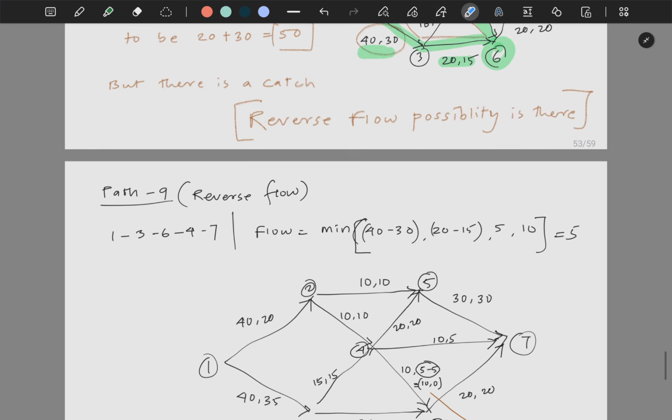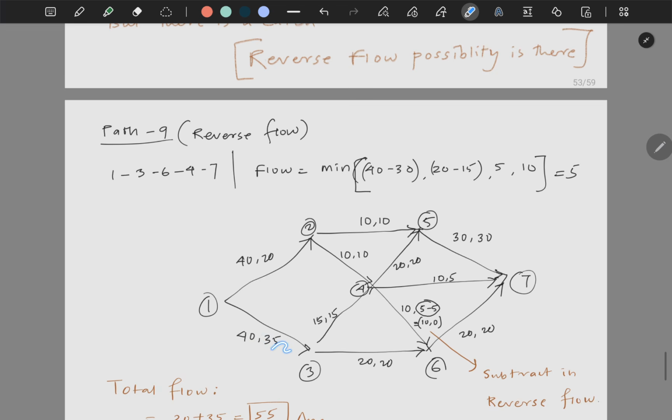And once I do that, now I'll rewrite it as 40 comma 35, and this was 20 comma 15, so it will be 20 comma 20 now, and this will be 10 comma, so 5 was in this direction, now we are saying 5 liters will be in this direction, they are in opposite direction, so I'll write it as 5 minus 5, that is 10 comma 0. And this was 10 comma 0 before, now it will be 10 comma 5.